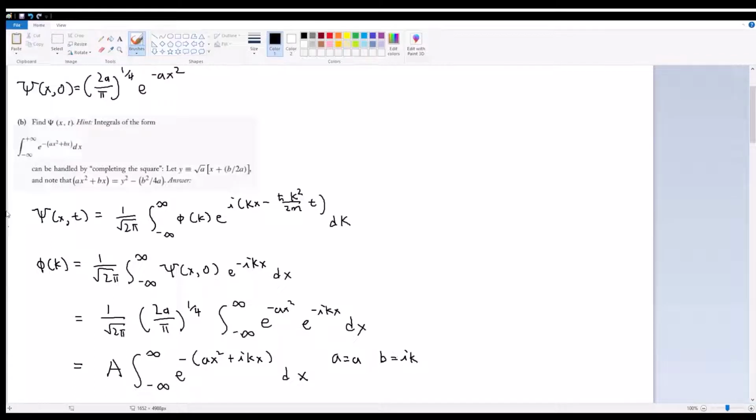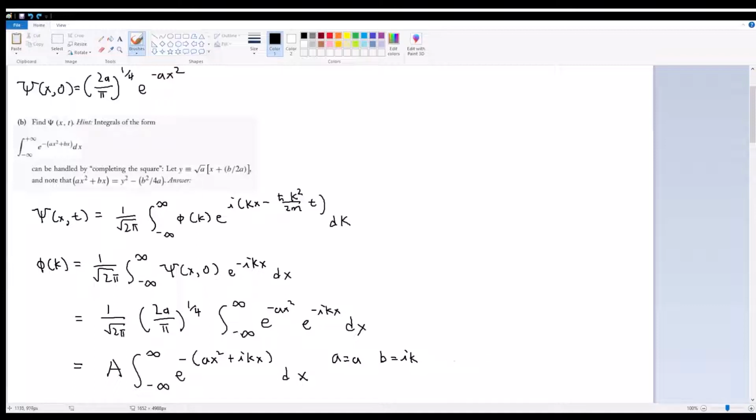What we're supposed to do is complete the square, where we define this new variable y, and then we note that this term can be re-expressed in terms of y. If we do that, this is just a constant, and y squared is the thing that actually matters. We can do a change of variables to y, and this is going to give us a Gaussian, which we can solve. So let's just do that.